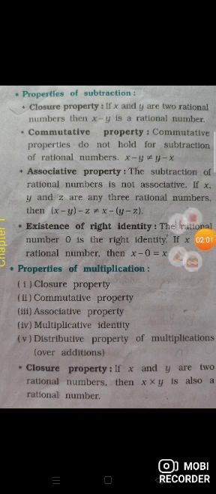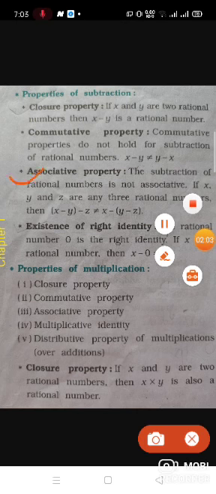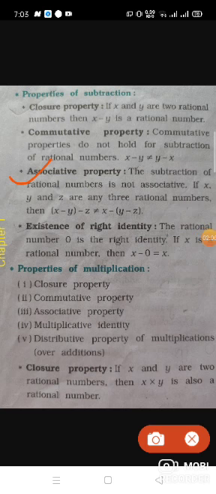Okay friends, now we are going to see the associative property. The subtraction of rational numbers is not associative. If x, y and z are any three rational numbers, then (x minus y) minus z is not equal to x minus (y minus z).